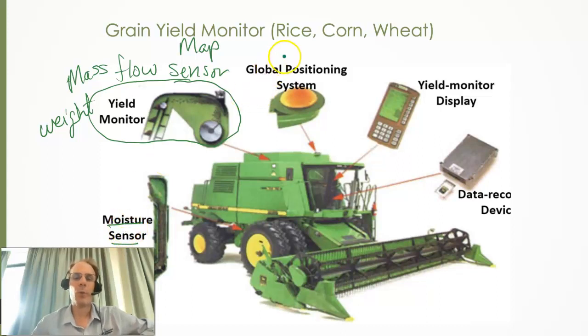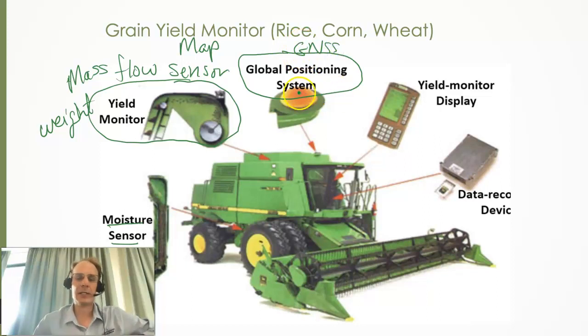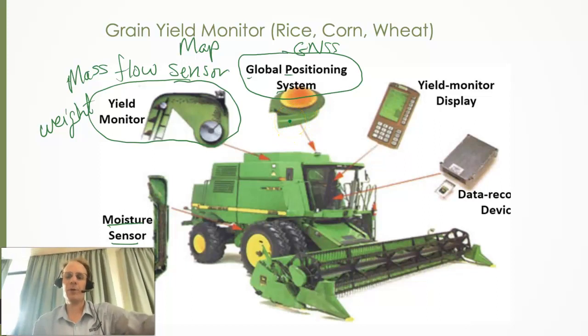If we want to map, we also need to know where we are in the field. This requires a GPS or GNSS, a Global Navigation Satellite System, or in the United States, what we call a Global Positioning System, or GPS. We also will need a computer to record and monitor the data, as well as a device to record the data on.